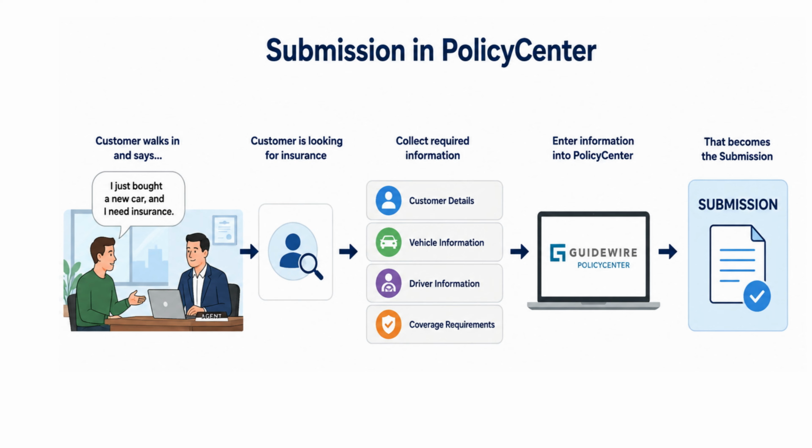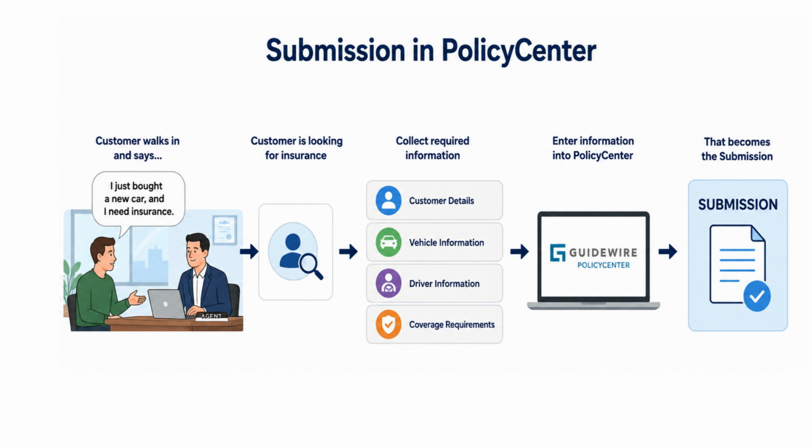That becomes the submission. The submission is used to qualify the policy candidate and generate one or more quotes. And if the customer accepts the terms, the submission can move forward toward binding and issuing the policy. So, in PolicyCenter, the submission transaction is the policy transaction that creates a new policy.